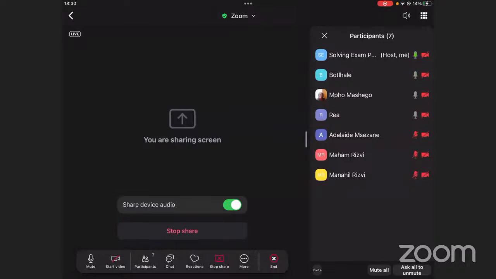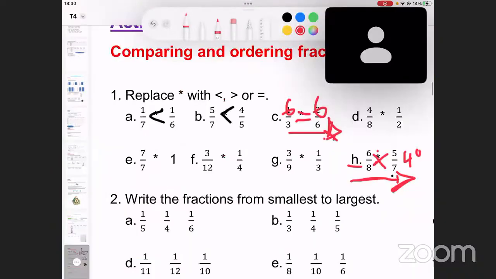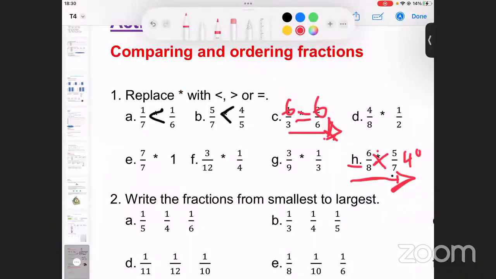All right, perfect. So because most of you are not using your calculator, we're just gonna do them both. We're gonna use both ways. So let's do D. We have 4 divided by 8 and 1 divided by 2.